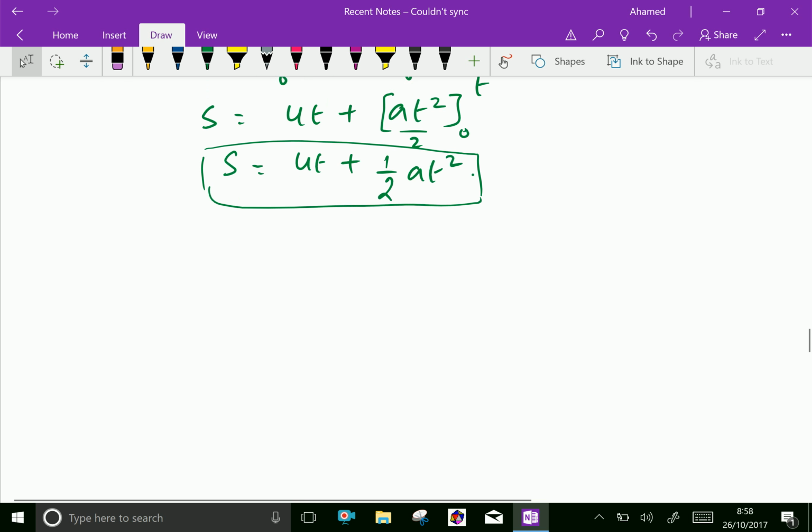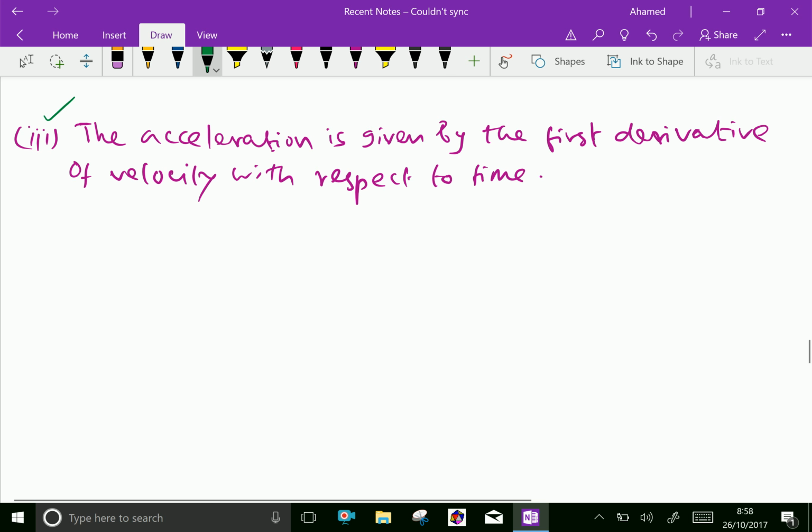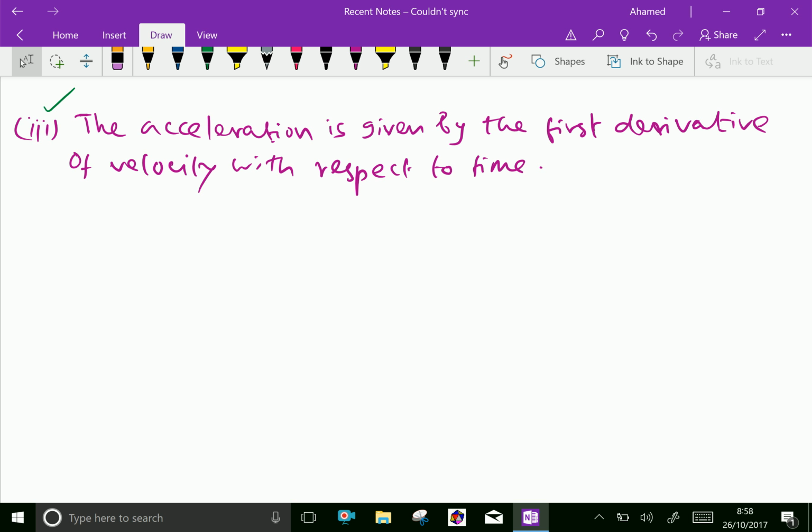Now let us discuss the third equation. We will derive it from the acceleration, which is the first derivative of velocity with respect to time. Now a equal dv by dt, which we can write as dv by ds into ds by dt.